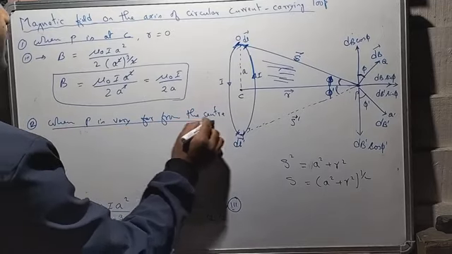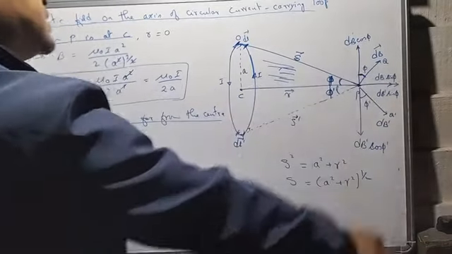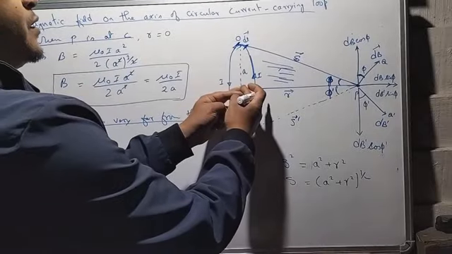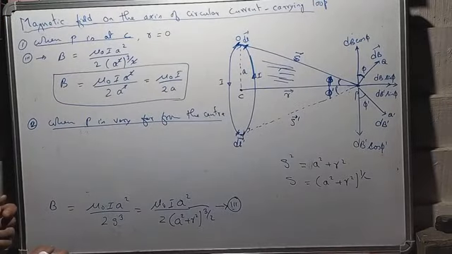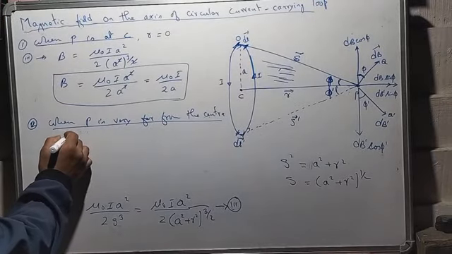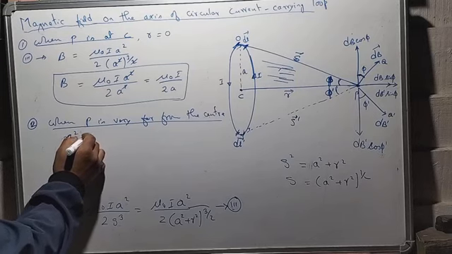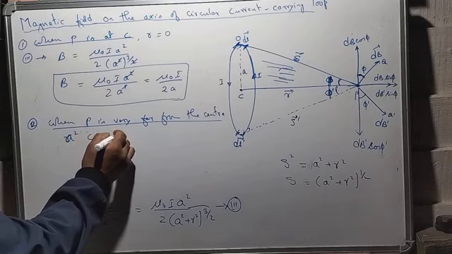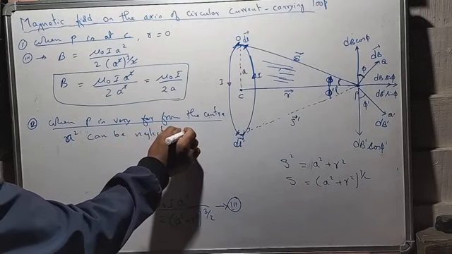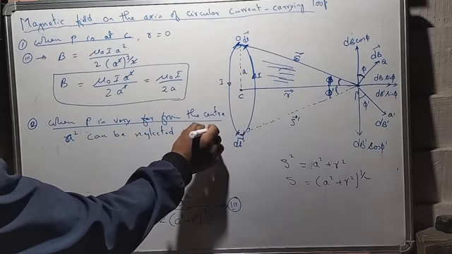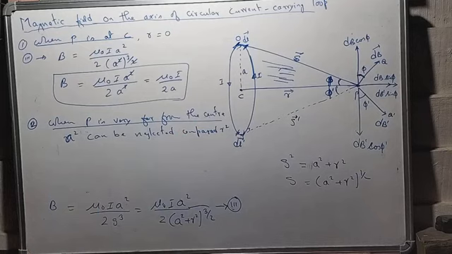When the point P is very far from the center, at that time the small r becomes so large compared to the radius of the loop. So in that case, this A square can be neglected compared to R square.